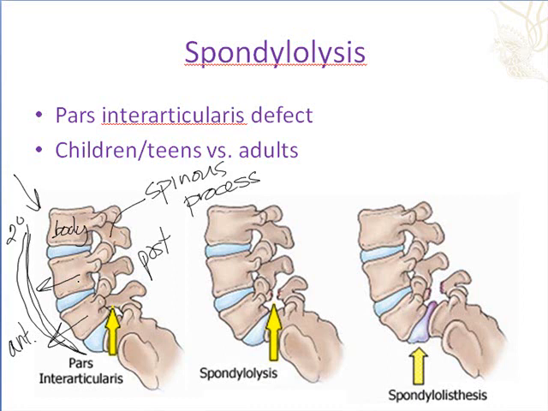Now, if a person has a defect or a fracture or a break in a region in that spinous process, it can cause problems of slippage. And the primary place where that defect can develop is in a region called the pars interarticularis.